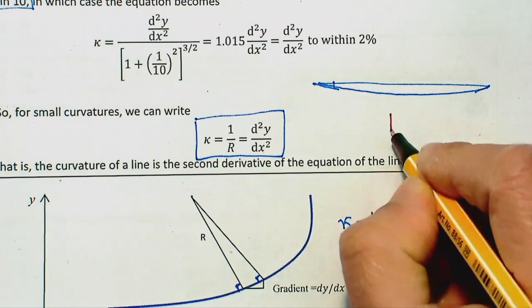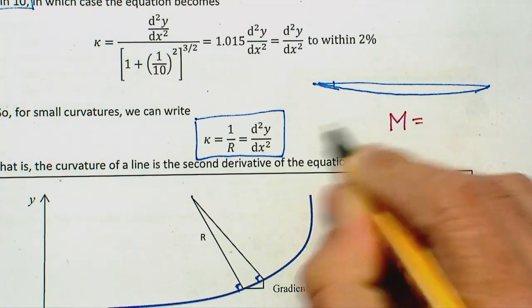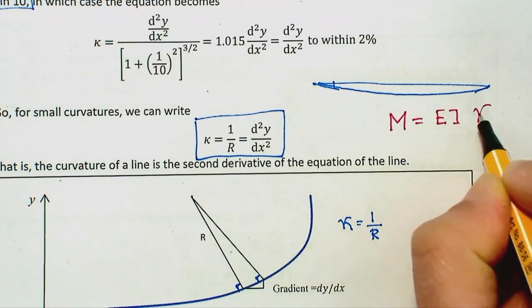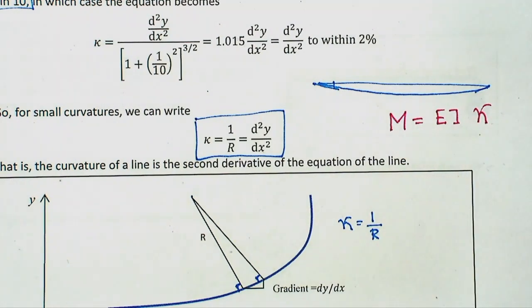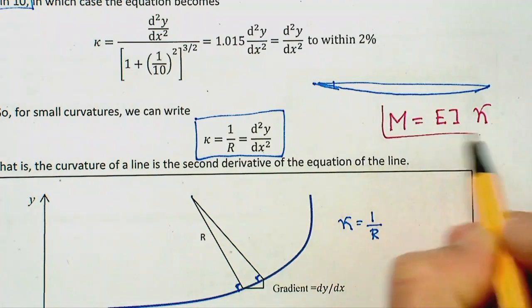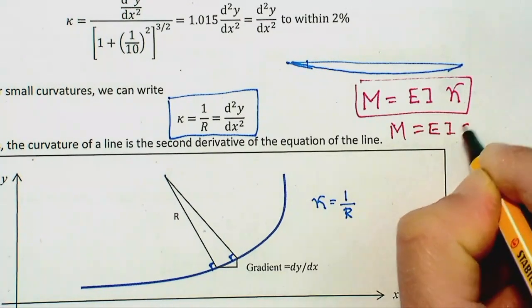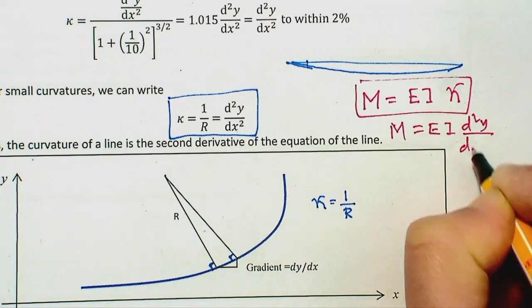Moment is equal to EI times the curvature, which is EI times 1 over r. So you can say moment is equal to EI times d2y/dx2.